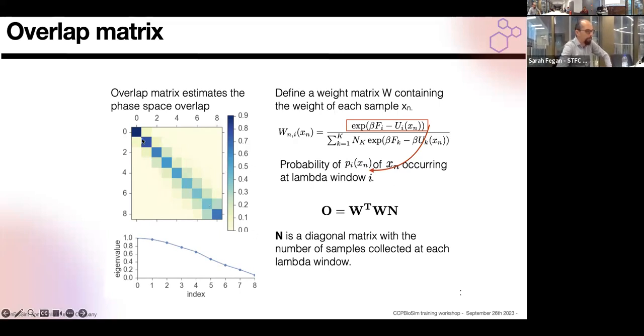Now, you can use that to diagnose, for instance, whether the positioning of the discrete lambda values that you set up in your schedule is optimal. You do want to ensure that there's a reasonable amount of overlap between neighboring lambda values. Otherwise, that translates into poor reproducibility of your energy estimate.